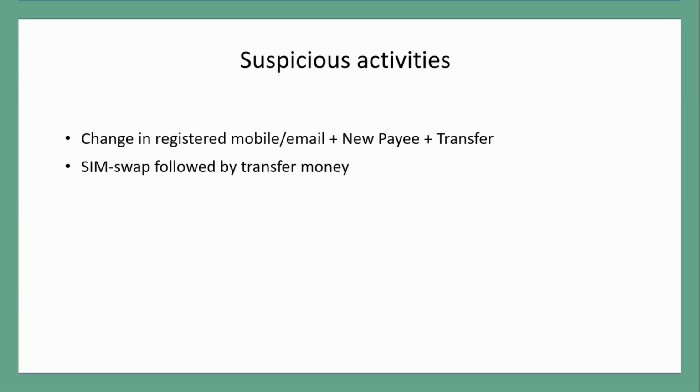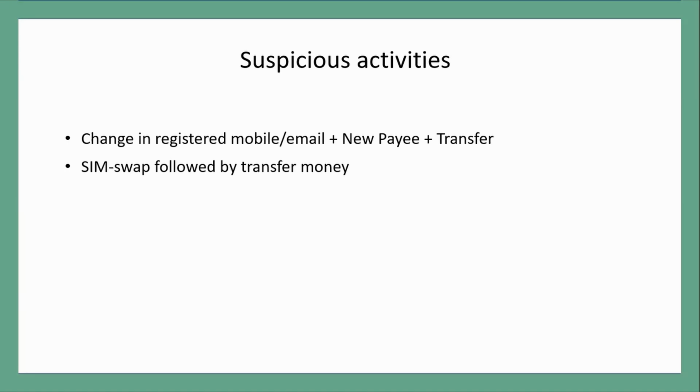The second example of suspicious activity is SIM swap followed by transfer of money. So what is SIM swap? In SIM swap, what happens is your mobile number is the same, but the SIM card has been changed. We can go to our mobile operator, whether it's Jio or Airtel or Vodafone, and request that my mobile has been damaged or it's stolen, and please issue me a new SIM card for the same number.